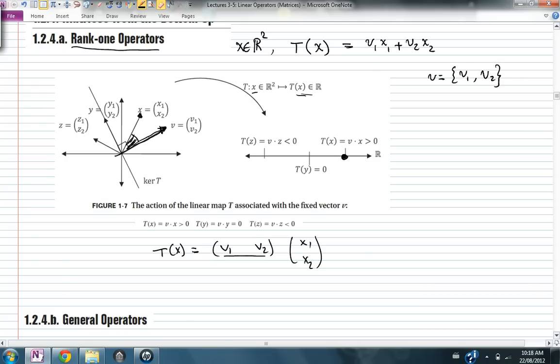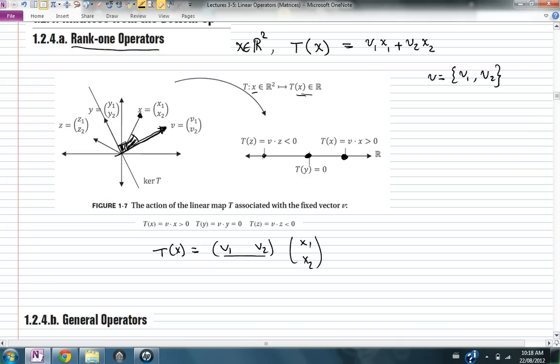When I take the dot product between v and y, which is perpendicular to v, I'm going to get a 0. And when I get the dot product between v and z, I'm going to get a number that's less than 0. And so this is what a rank 1 operator is.